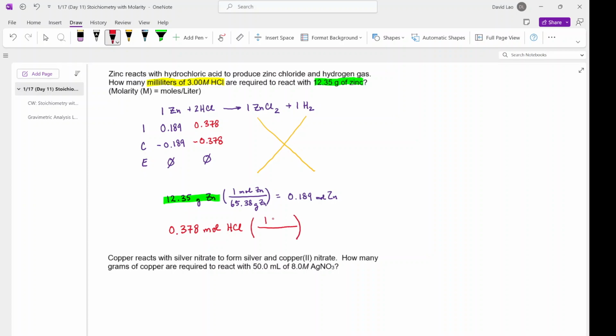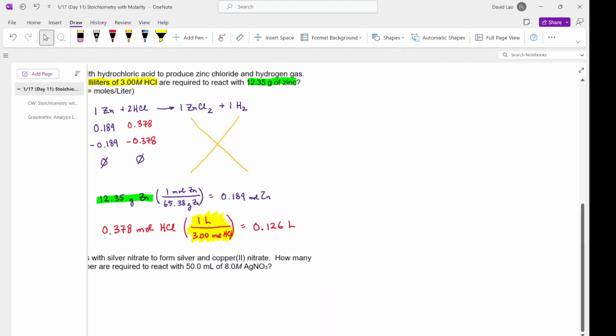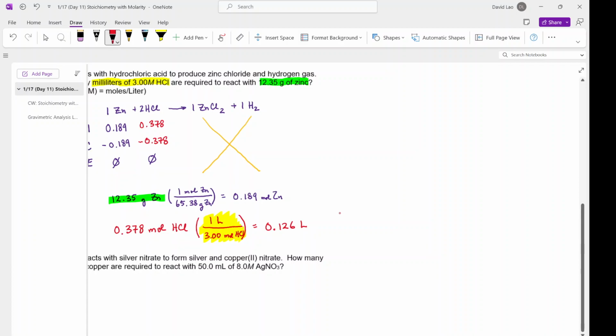So we know that in 1 liter of this solution, we have 3.00 moles of HCl. This number comes from the concentration; I'll highlight that. This is the information that came from the problem. So I multiplied this through, and I end up with 0.126 liters. The problem wants it in milliliters, so let's go ahead and convert.